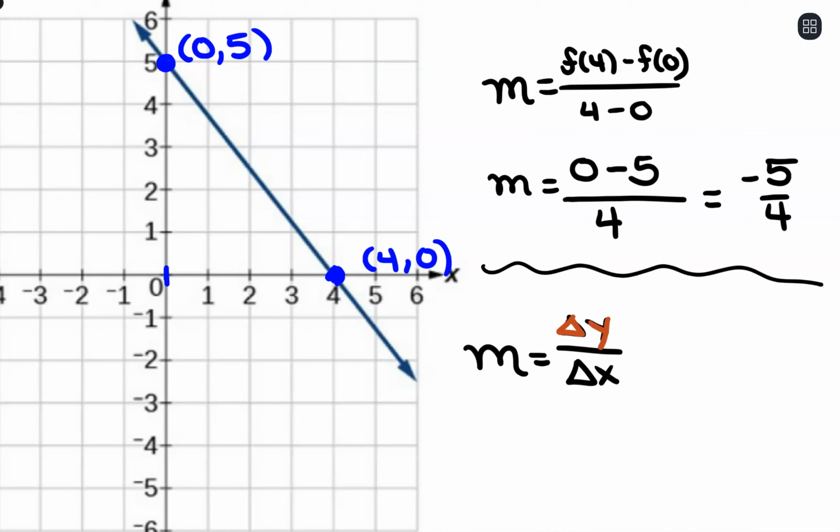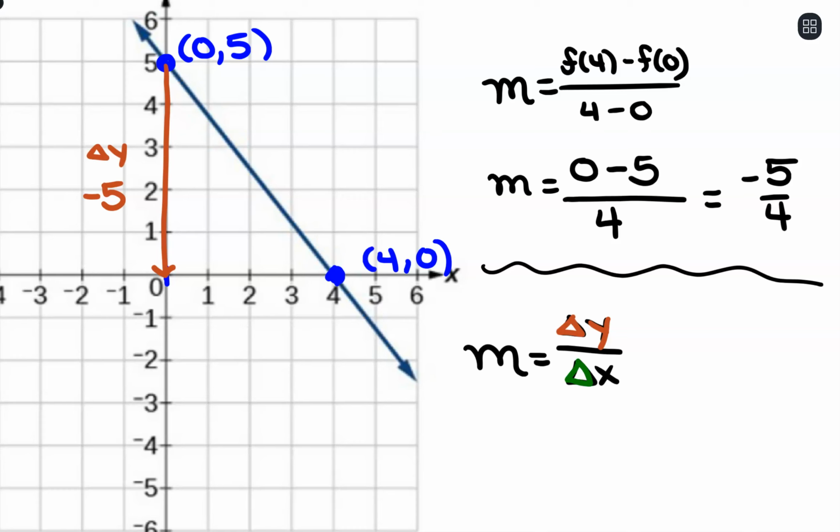So I'm going to start off on the left-hand side here. If I'm at 0, 5, to get to my second coordinate, I would need to move down 5 units. Because we're moving down, that's a negative value. If we were moving up, it would be positive. So this is giving me a change in y, which is down 5 units, so a -5.